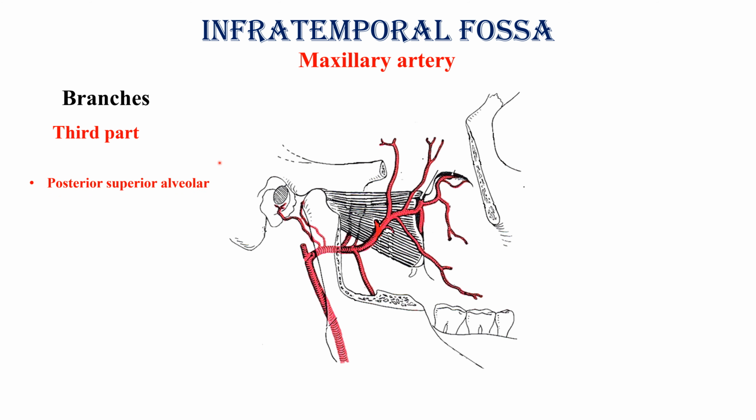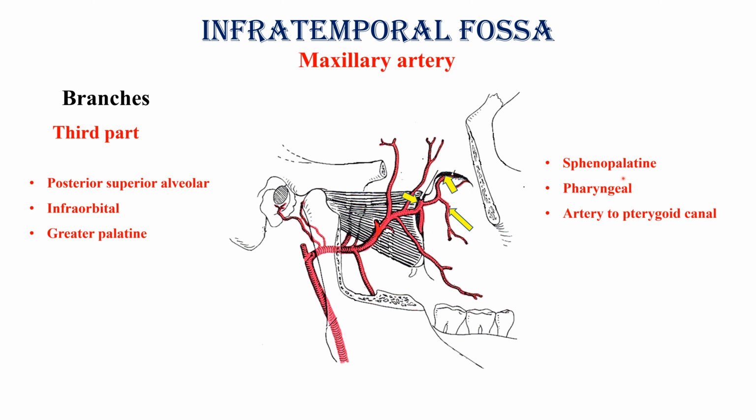So it gives the posterior superior alveolar, which supplies the upper jaw, infraorbital, which comes through the face to supply again the upper jaw and the face, the greater palatine, which will supply, as we have seen, the palate and reach the nose, the sphenopalatine, which will supply the nasal cavity, the pharyngeal branches to the pharynx, the artery of the pterygoid canal. If you remember, it would go to the pterygopalatine fossa, the descending palatine again to the palate. So these are the branches.